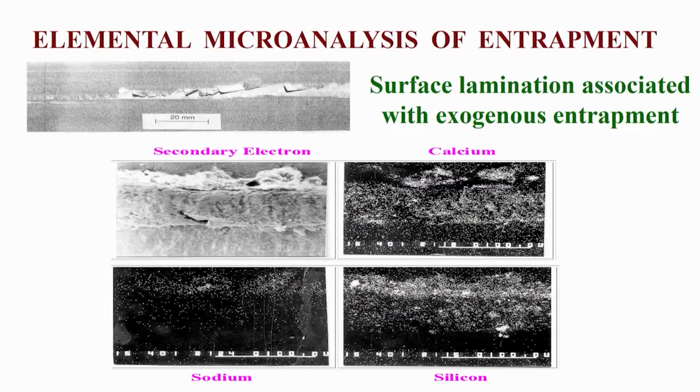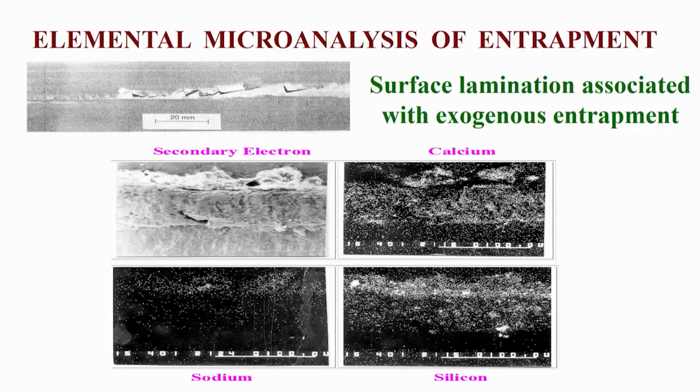Suppose the top one shows how surface lamination looks. I was talking of surface lamination, and I have given examples earlier also, of how it looks. It is as if the surface is getting torn, coming out, and another additional surface is getting generated.